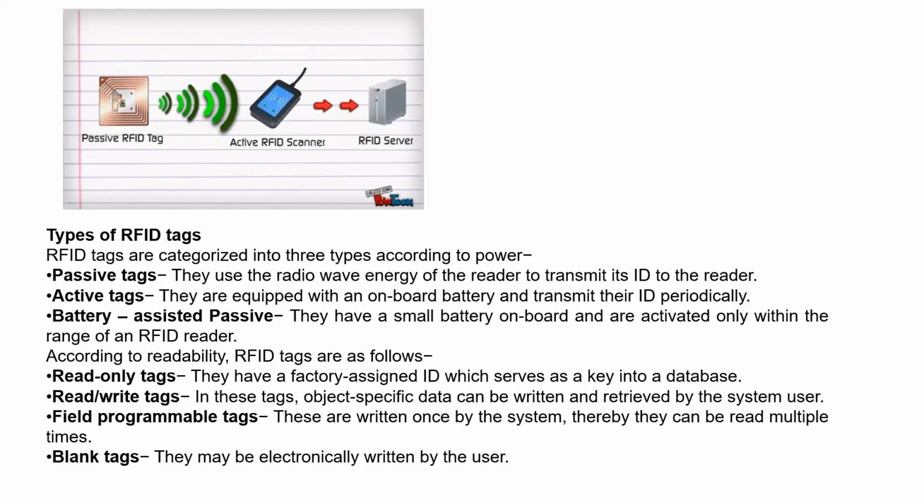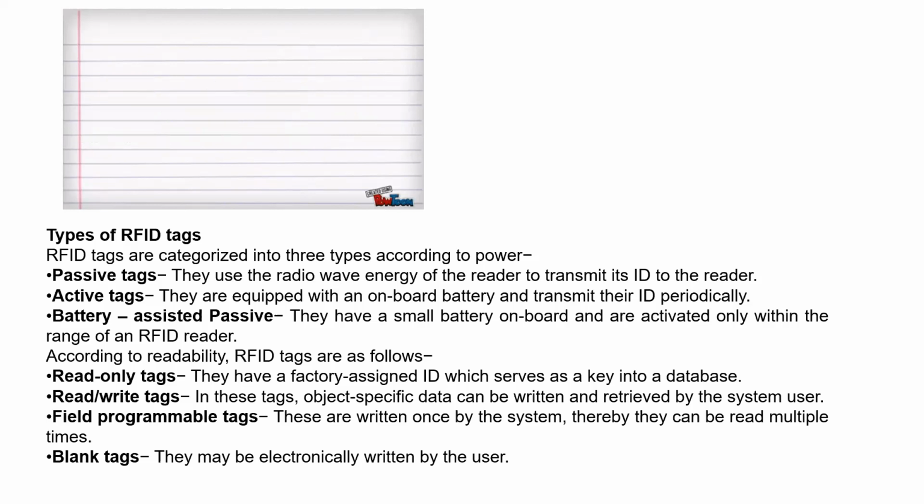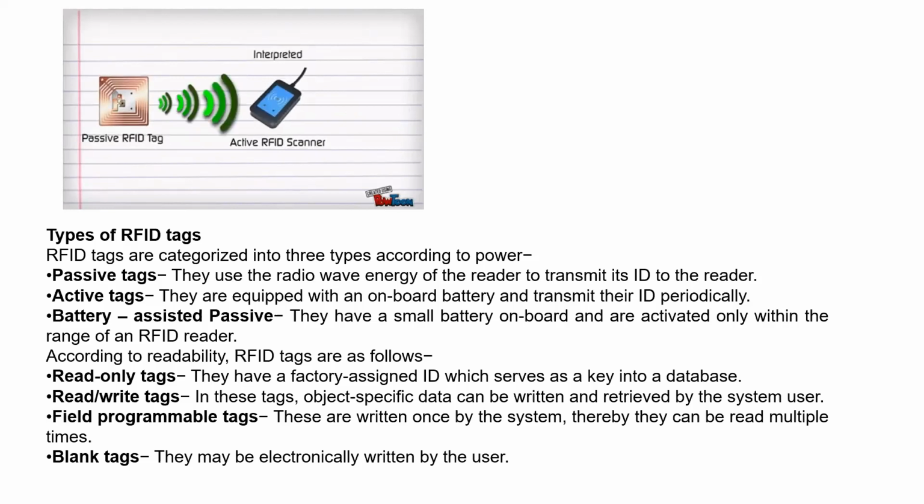So they are not capable of transmitting radio waves. They are using the radio waves which are transmitted by the reader, and by using these radio waves, they transmit identification or information about the object to the reader.